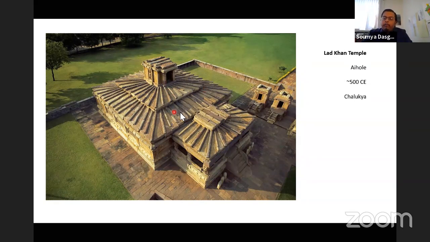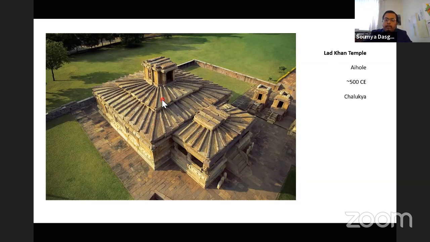So that is very important because although the architects of these temples are using stone, they are either paying homage to their wooden ancestors, or they are simply using that form because that is the one that they are comfortable with or they know about. All right.